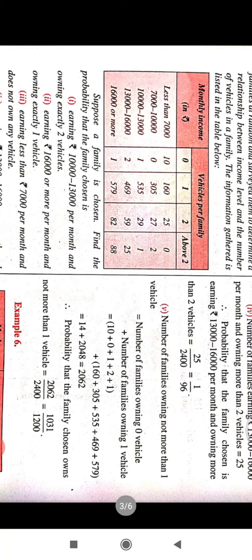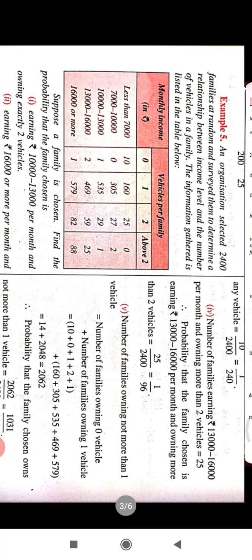Now see, monthly income is given in rupees. Less than 7,000, who have no vehicles: there are 10 families. For 7,000 to 10,000 monthly income, those who have no vehicles, 0; 1 vehicle, 305; 2 vehicles, 27; and above 2, 2 families.